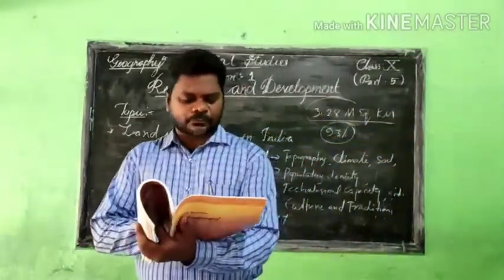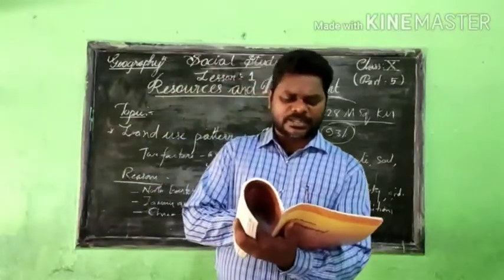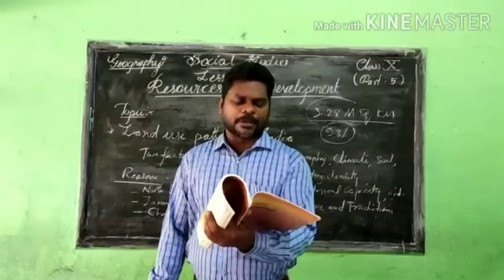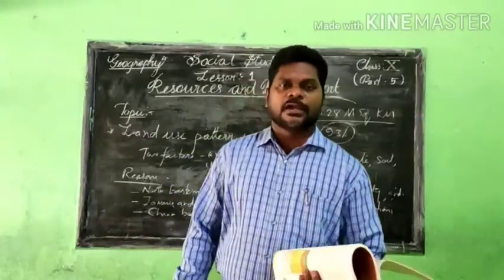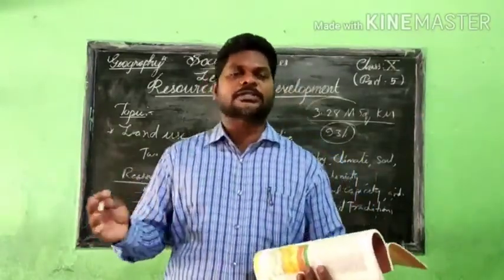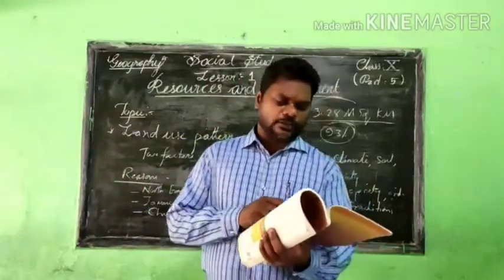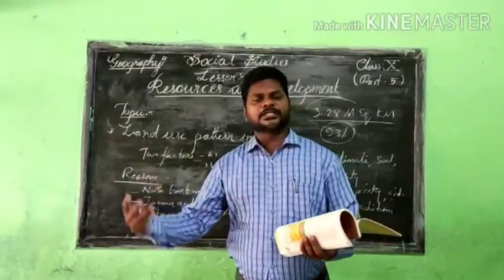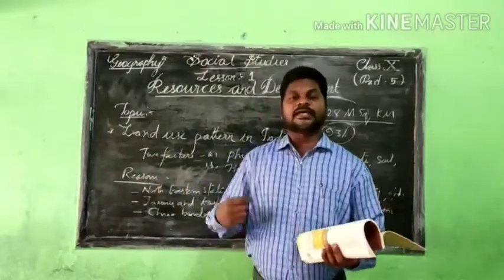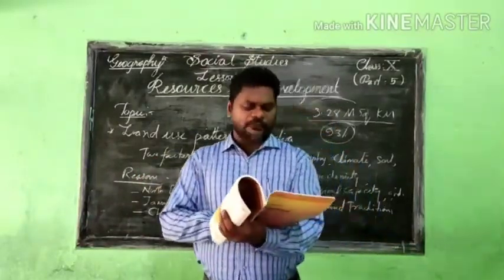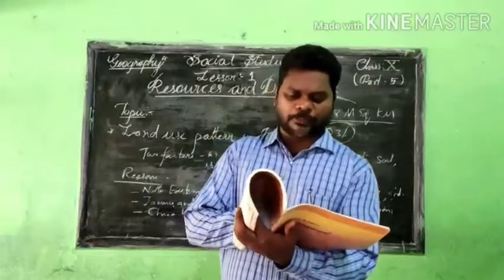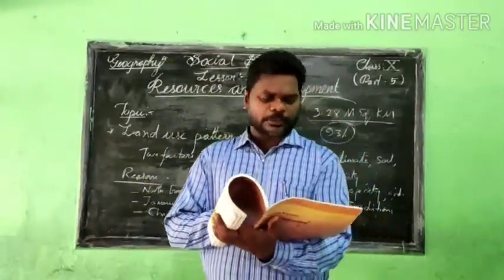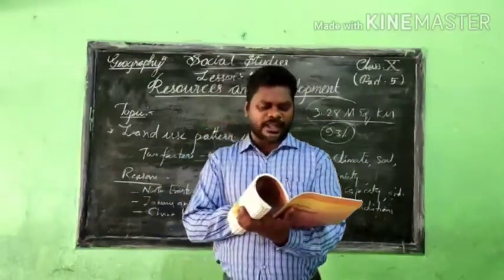Now, the land under permanent pastures has also decreased. The land separated for grazing, those pastures, has also decreased. And the current fallow lands are of poor quality, and the cost of cultivation of such land is very high.